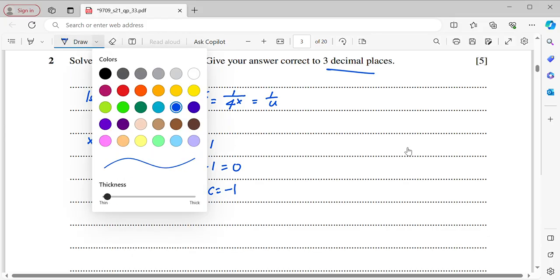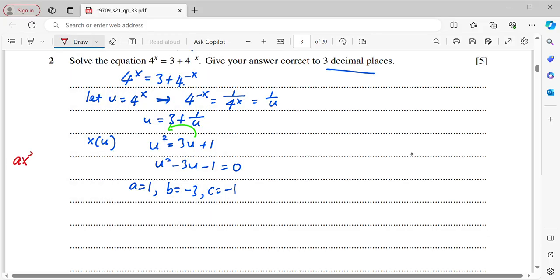Now, for your information, if you are solving this quadratic equation, then x will be (-b ± square root of b squared - 4ac) over 2a. I'm using this because I can't factorize this quadratic equation.